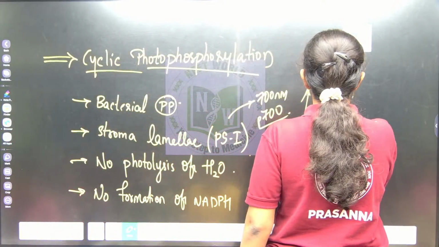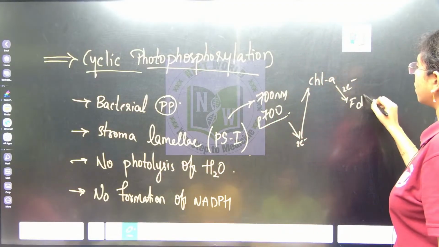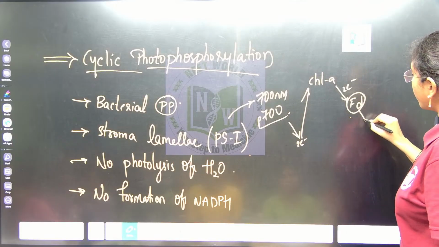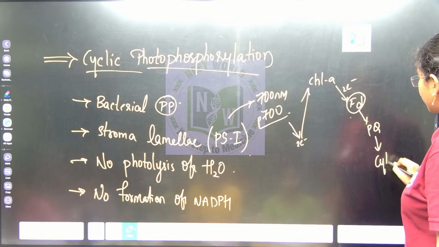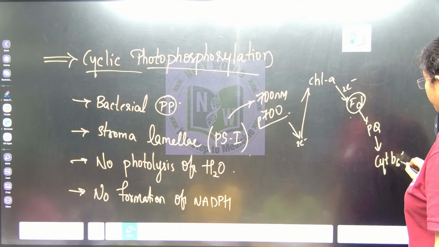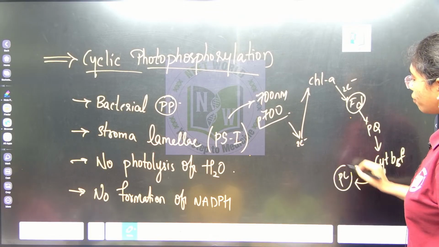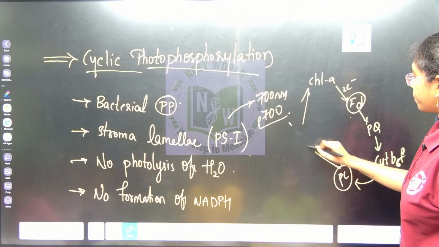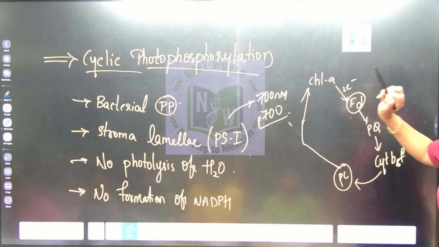So, from chlorophyll A to ferredoxin. So, here primary electron acceptor is ferredoxin. Ferredoxin to plastoquinone to cytochrome B6, then to plastocyanin, from plastocyanin back to chlorophyll A. So, this is a cyclic flow of electrons.